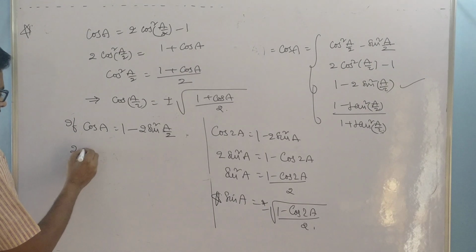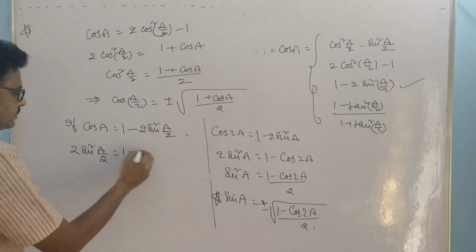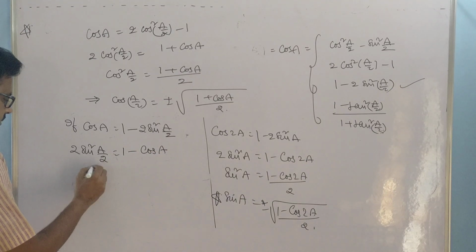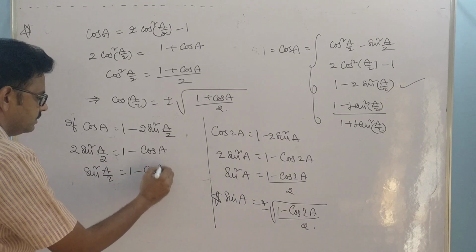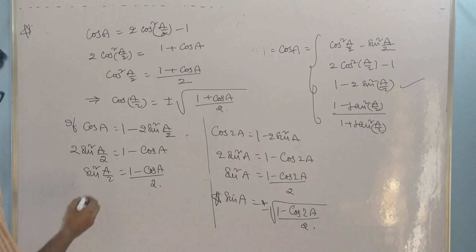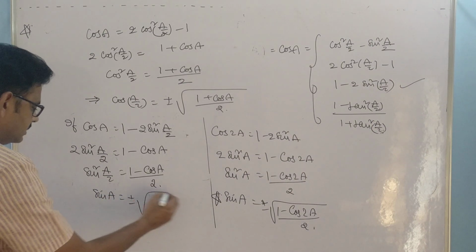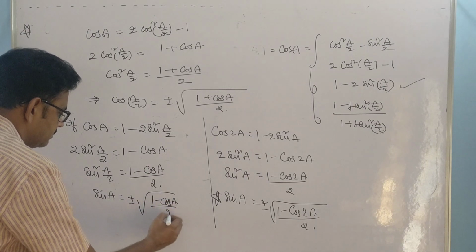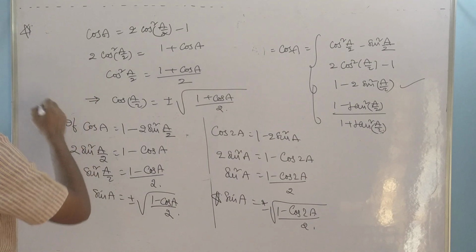So write this side, 2 sin square A by 2 is equal to 1 minus cos A. Sin square A by 2 is equal to 1 minus cos A by 2. Therefore, sin A by 2 is equal to plus or minus root of 1 minus cos A by 2. So, these are all the formulas.